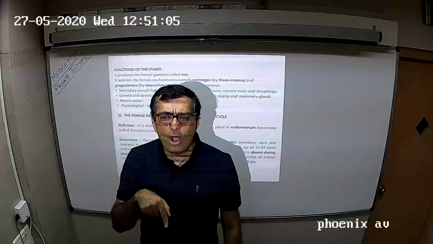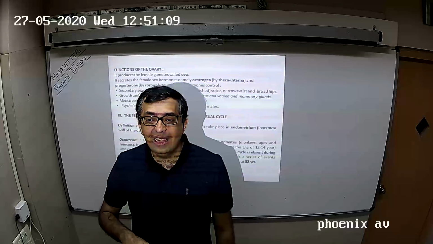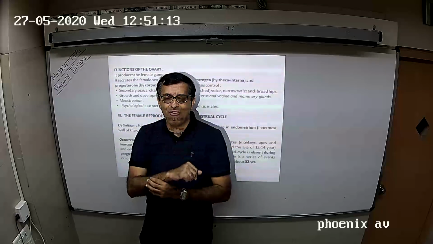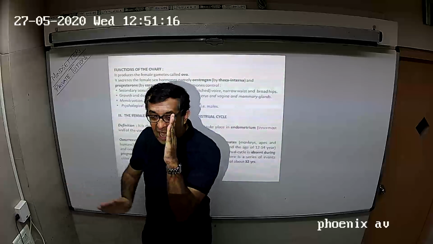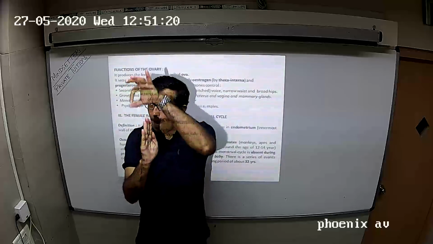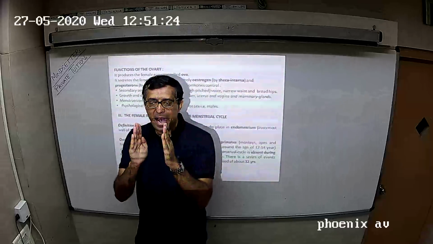What is this going on? This is a cycle going on within the endometrium, a cycle of 4 phases: burst, repair, ovulation, prepare, and again burst, repair, ovulation, prepare.